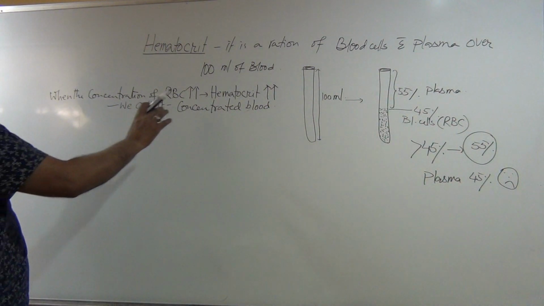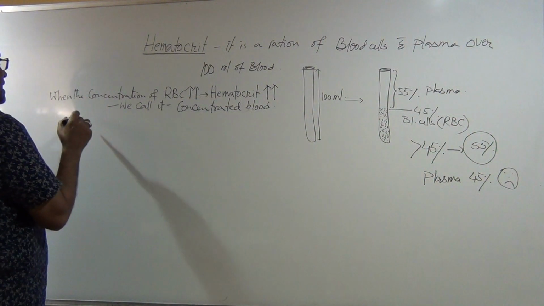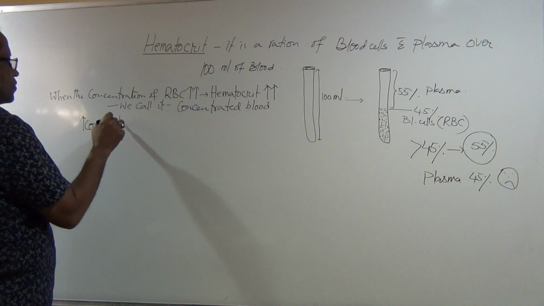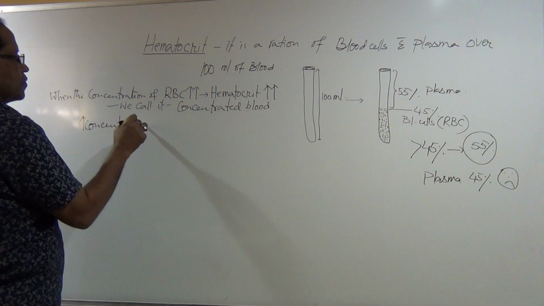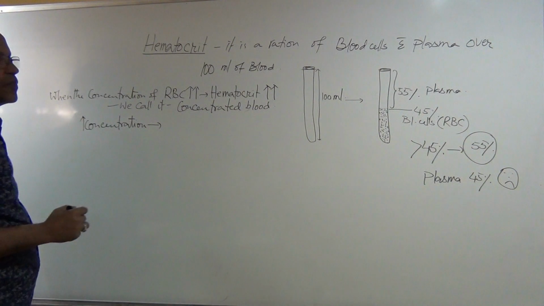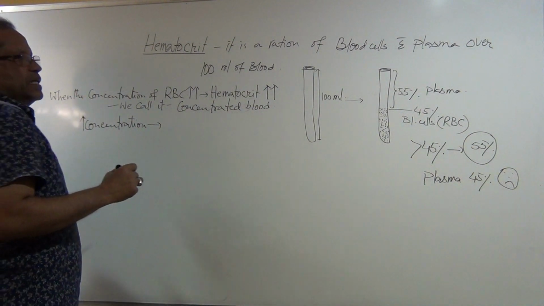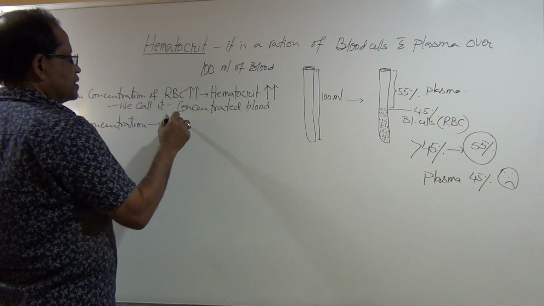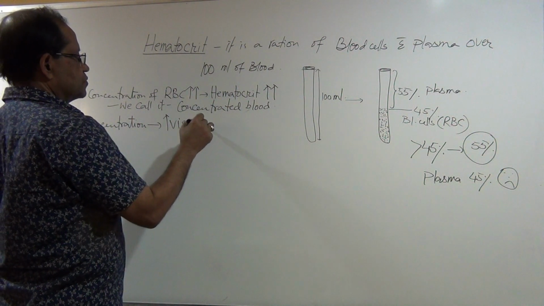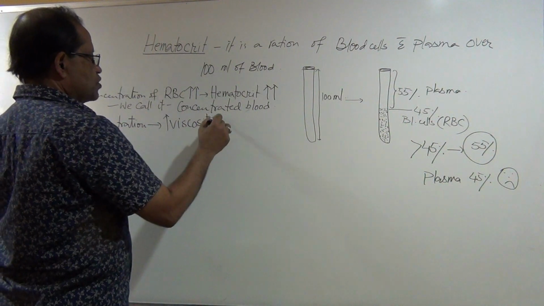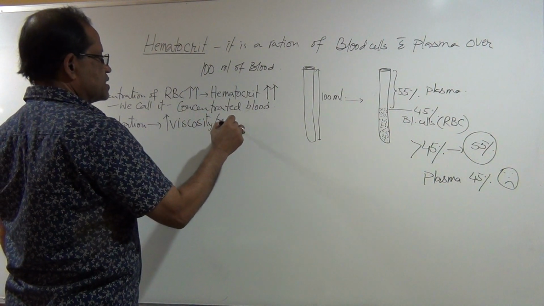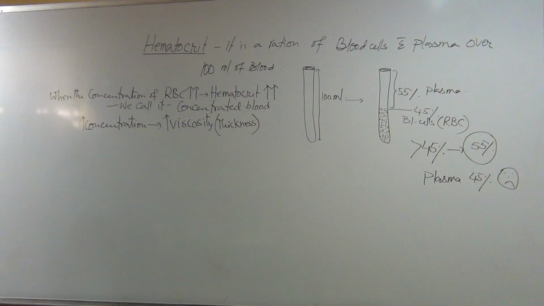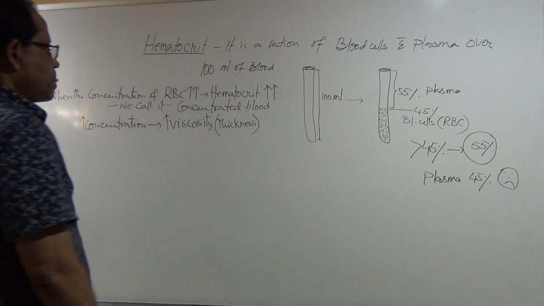And when the concentrated blood is increased, so then we call it concentration increase, then increase the viscosity. Viscosity increase means thickness is increased. Thickness of the blood is increased.